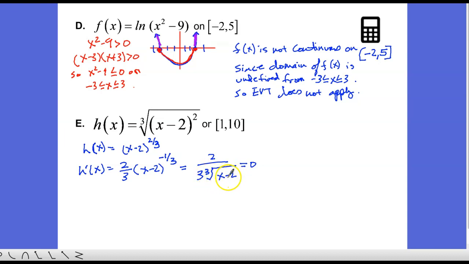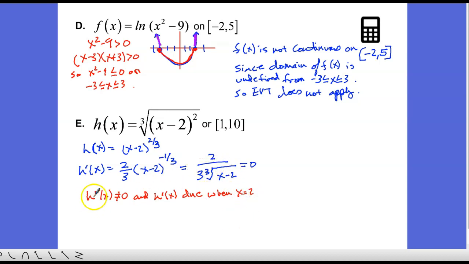So negative numbers are not going to be a problem. It's just that 0. So here's what we can say: h prime of x is not equal to 0, so there's no value of x that will make it equal to 0. And furthermore, h prime of x does not exist when x equals 2.